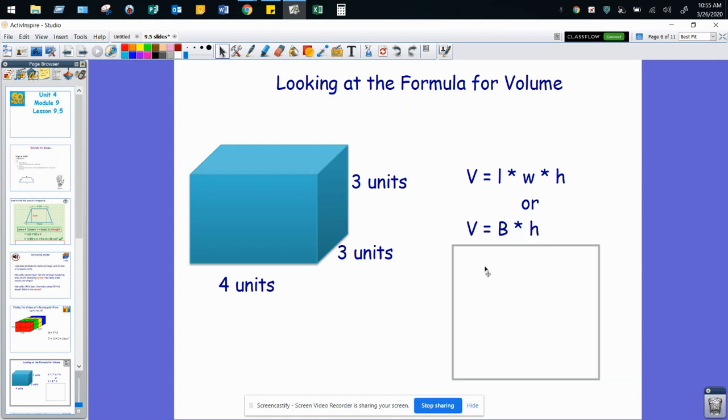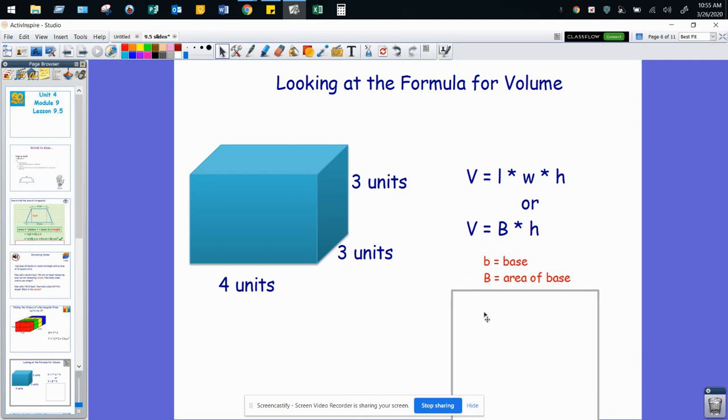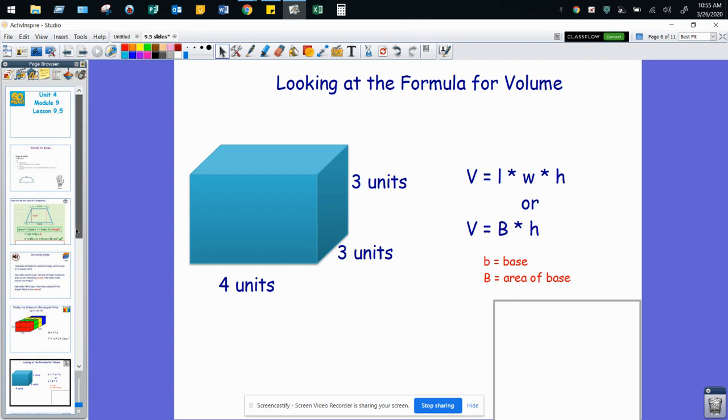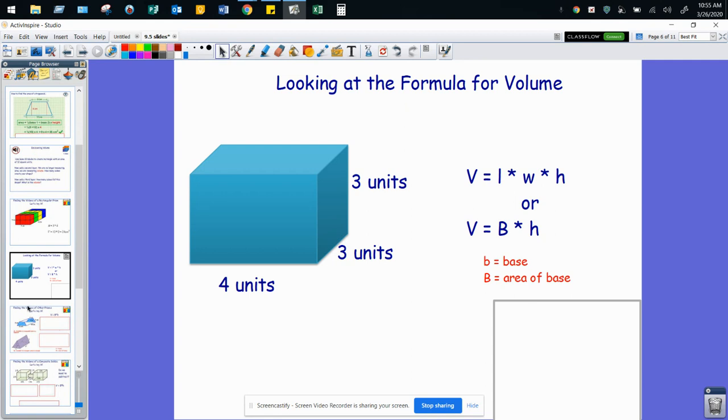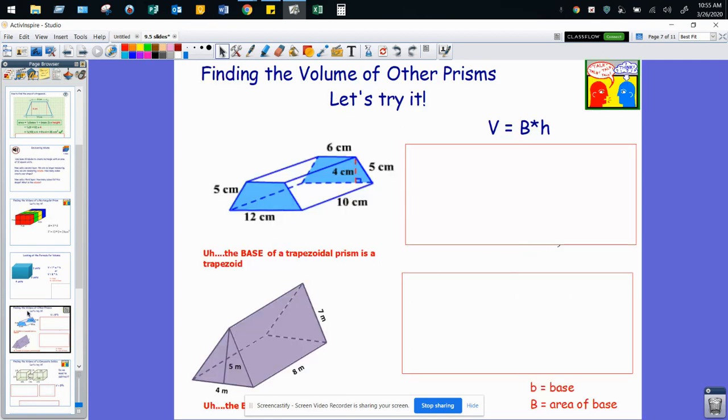So taking a look here, again, big B is the area of the base. If I was to do the formula for this, I would again do 4 times 3 is 12. That would give me big B, and then multiply that times the height to get the total number of cubic units. I can use that same formula with different types of prisms.